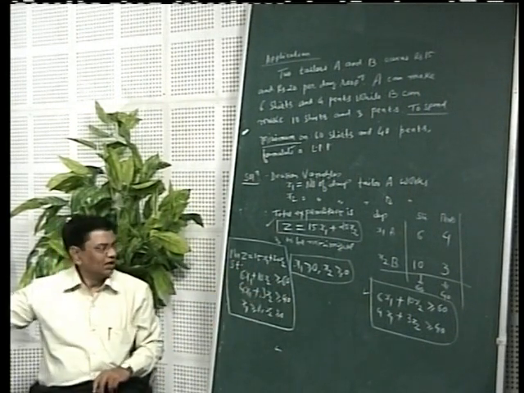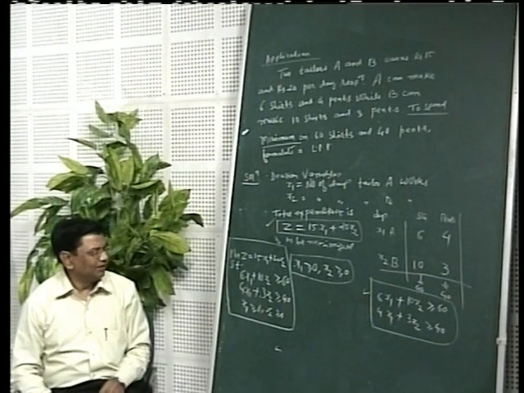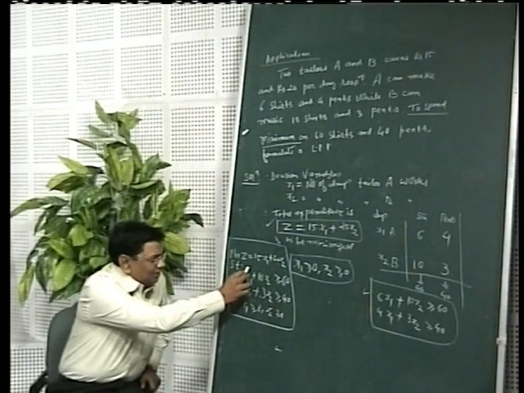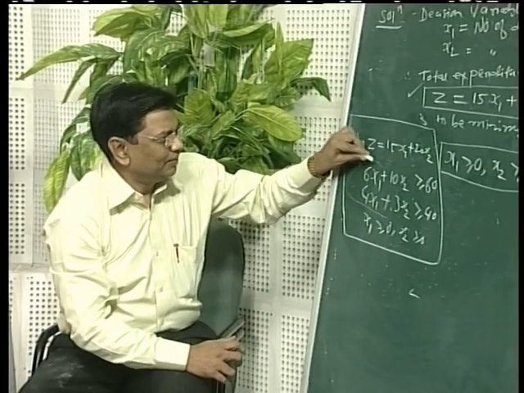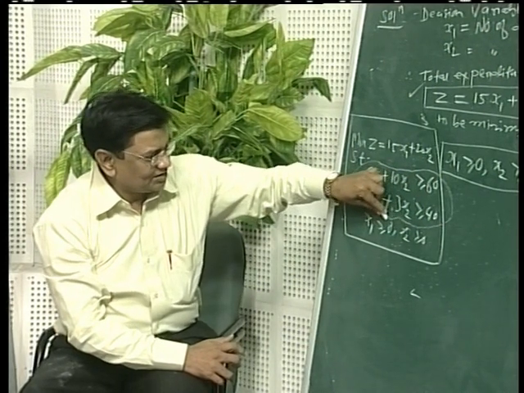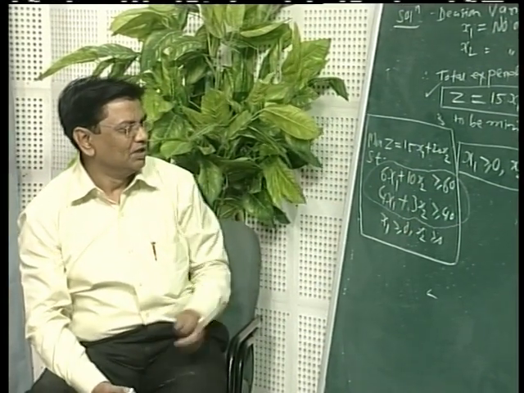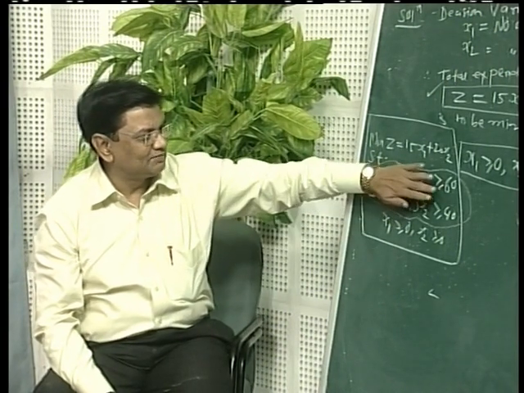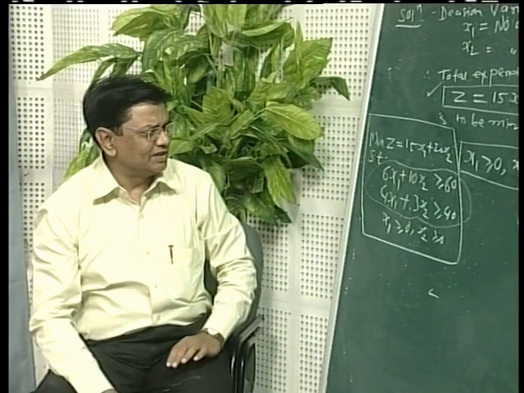We don't include the non-negativity, so we are concerned with the second component of the LPP. So we give a very simple definition of solution. Solution is the set of values of decision variables which satisfy the constraints.